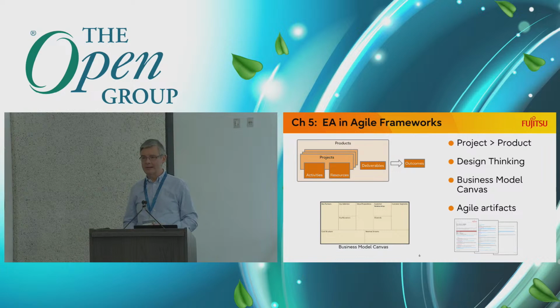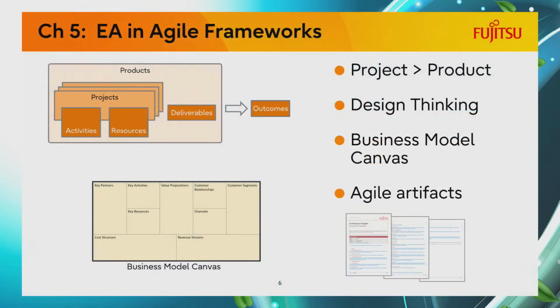And it talks a little bit about the need for using agile artifacts, often meaning things like templates, because these things set a tone. It makes me smile sometimes, perhaps smile is the wrong word, but if we're asking our architects to work in agile ways, but then the next thing we do is give them a 100-page template to fill in, that's a bit of a conflict, isn't it?